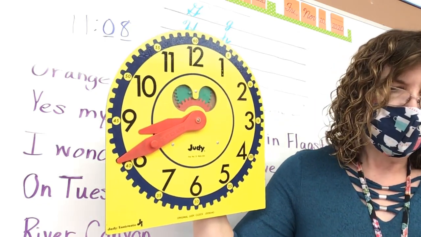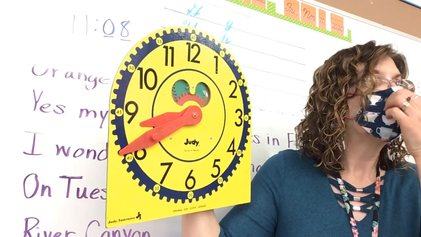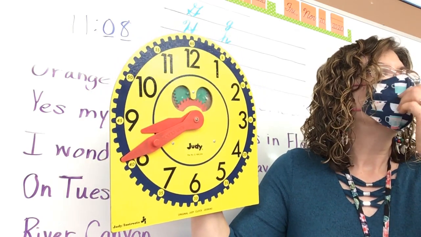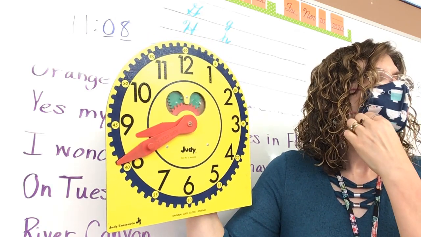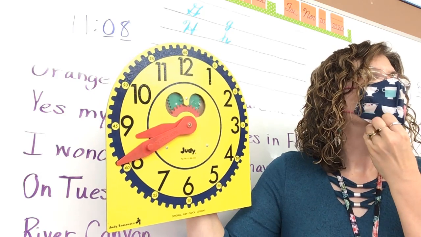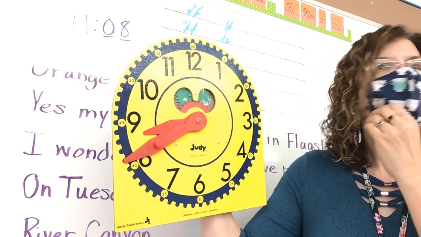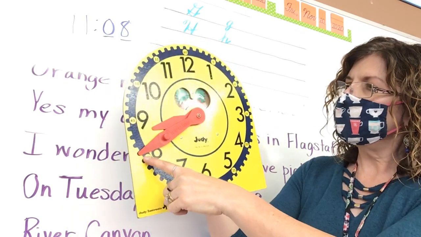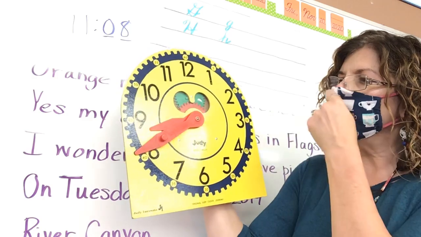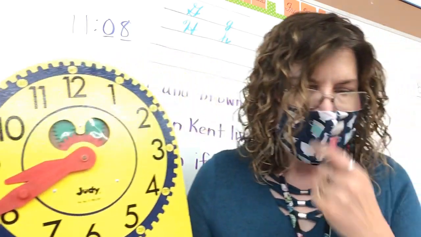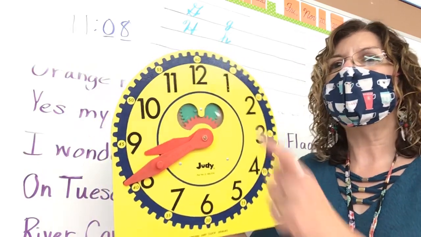All right, what about the minute hand? Very good. It is just past the 8 again, so 8 would be 40, and then you have to count by 1, so 41. So everybody should have put 8:41.